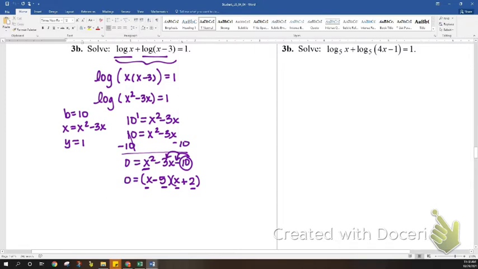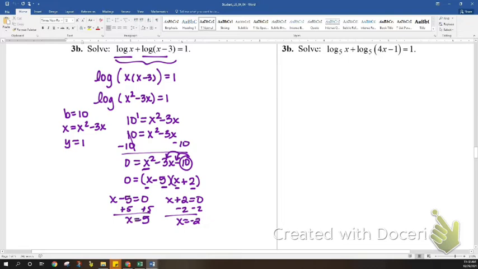So therefore I can set both of my factors equal to 0 and solve. So we get negative 2, and we get 5. But remember, because we had a logarithm at the beginning, we got to plug them back in and make sure that it will work on both of them, okay?